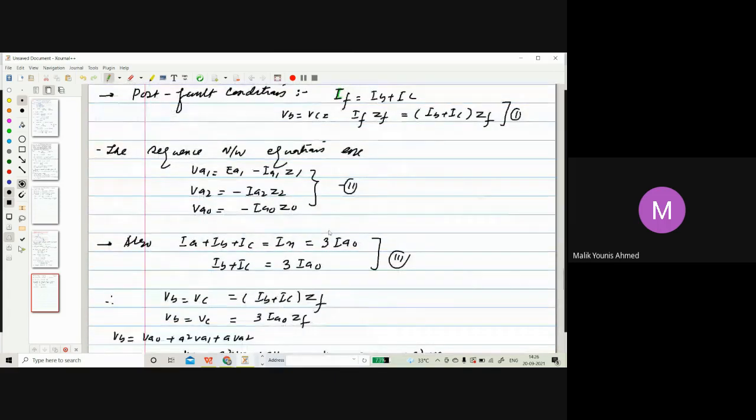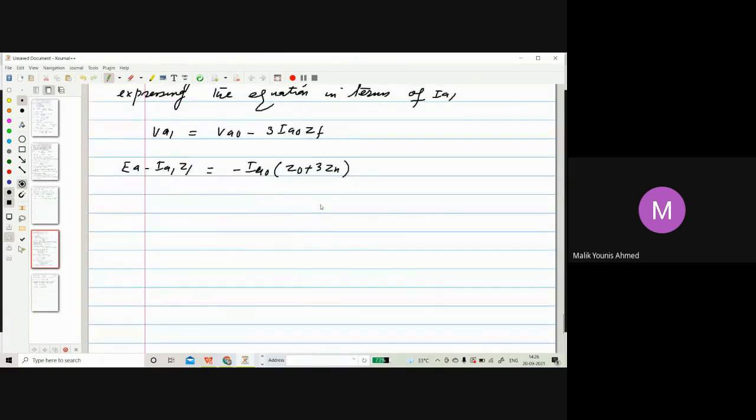Yeah, here we have made a mistake, sorry, we should have written it properly. It should be minus IA0, since the neutral is grounded, so that will be Z0 plus 3Zn. It is impedance or reactance grounded, so that is important. So minus IA0 times Z0 plus 3Zn, and then we have the same value, 3IA0 ZF.